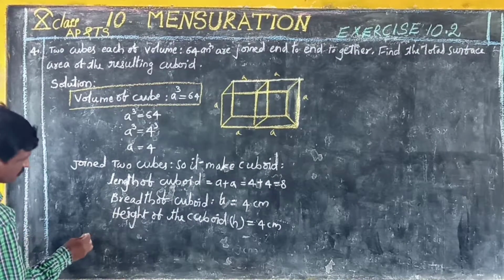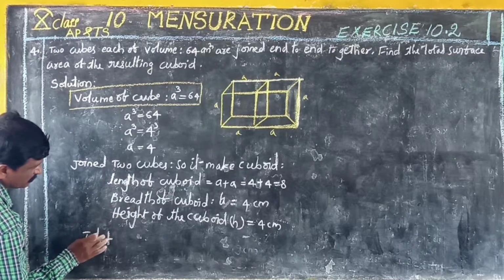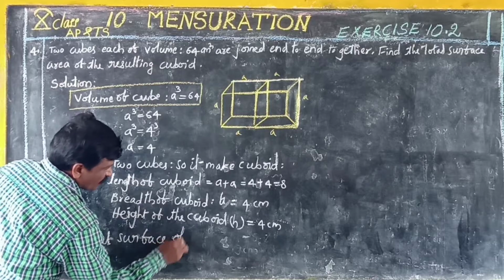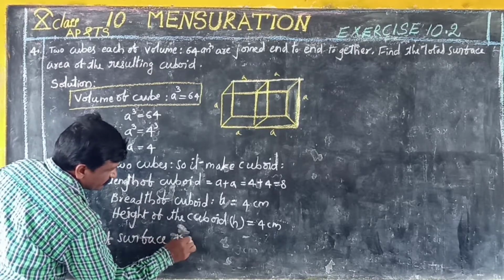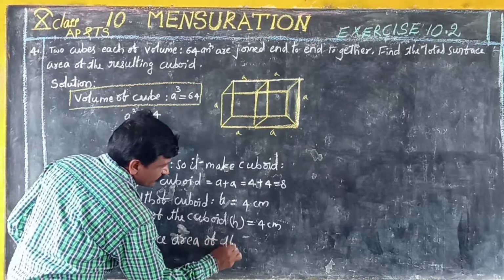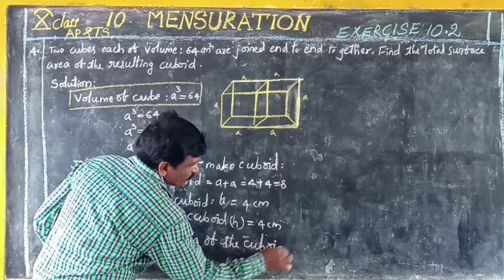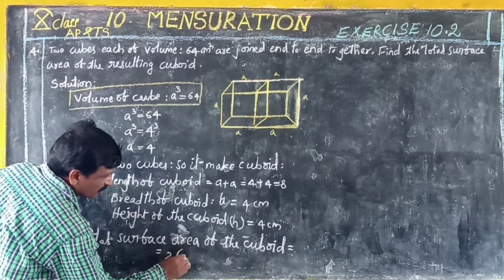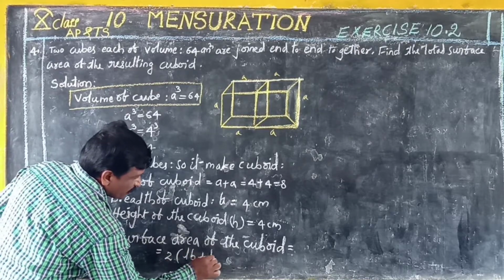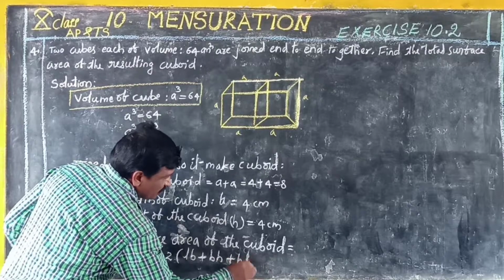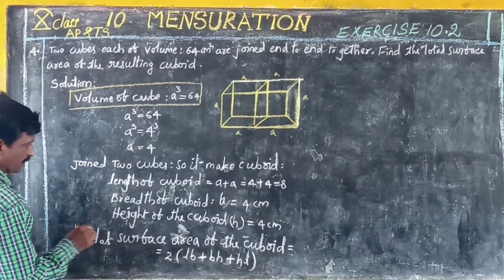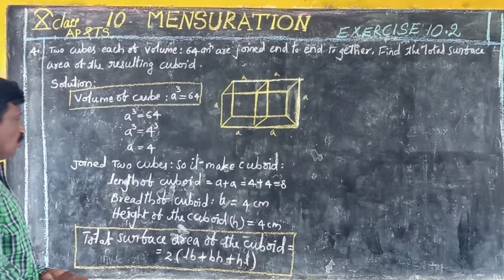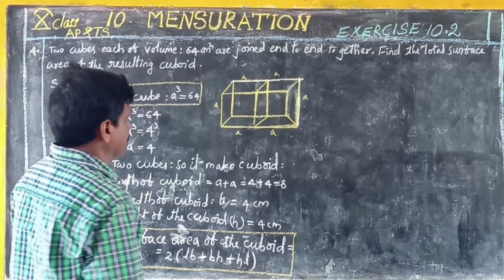Total surface area of the cuboid is equal to 2 into LB plus BH plus HL.